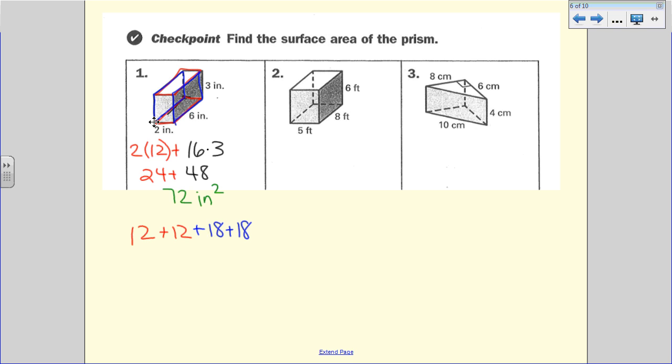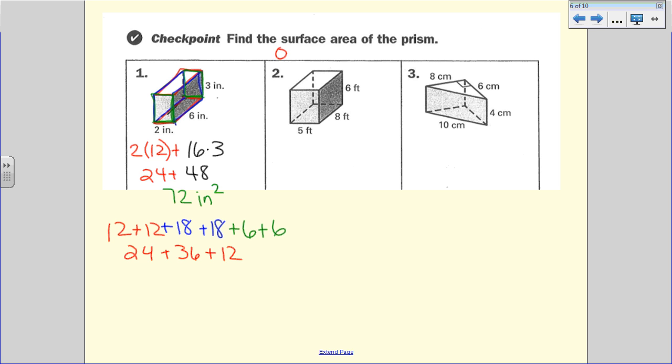I then have a 2 by 3 rectangle in the front and a 2 by 3 rectangle in the back, so that's plus 6 plus 6. If we do 12 plus 12, which is 24, plus 36, plus 12, we still get the same 72 that we had earlier. So either method you use is going to work.